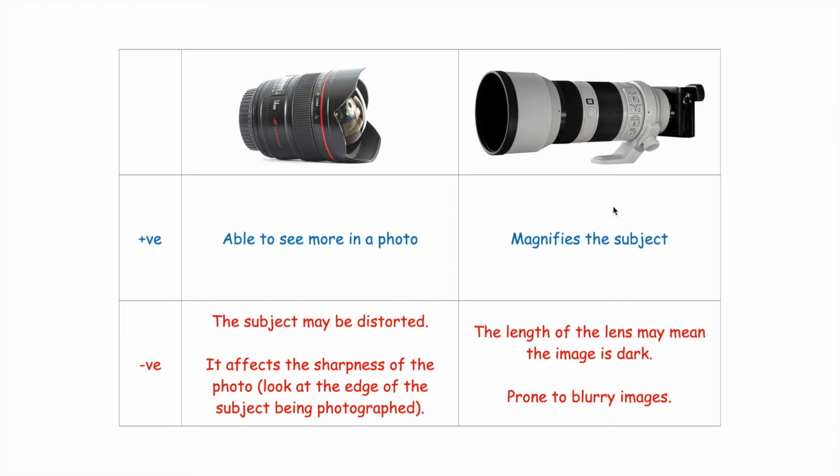However, there are some negatives. Obviously, the lens is very, very long, because actually, every time you zoom in, it's using lots of different lenses. So within that cylinder, there will be lots of different lenses that are working together. So the length of the lens may mean that the image is dark.